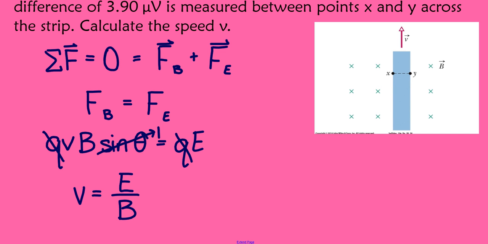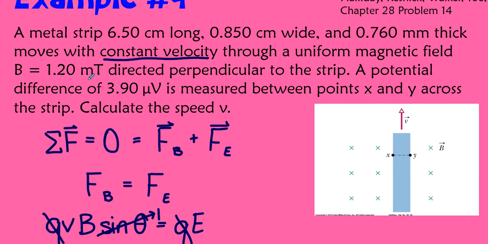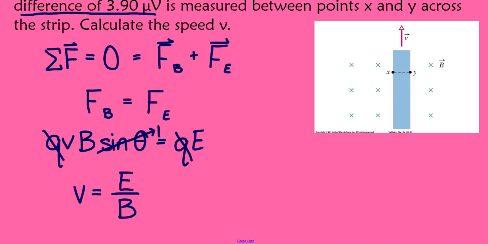Now, magnetic field is something that we're given in the problem. We're told that it's a 1.20 millitesla field. However, electric field isn't something that we're given. Instead, we're told that there's a potential difference of 3.9 microvolts across the sides. Now, because we have charges accumulating as we do, let's think about this. If we have negative charges that are moving upward, they'd feel a force to the right.